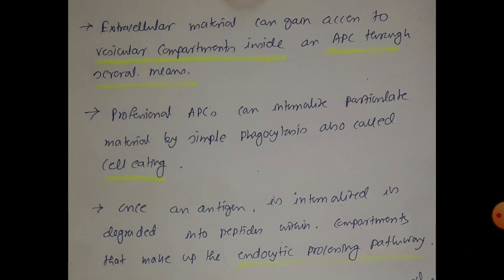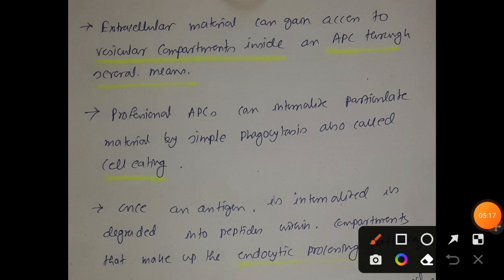Professional antigen presenting cells can take up the particulate material, that is your exogenous antigen, by simple phagocytosis or cell eating. I have already discussed cell eating when I talked about the complement system. Phagocytosis is the process by which antigens are eaten by antigen presenting cells, mainly macrophages, right?